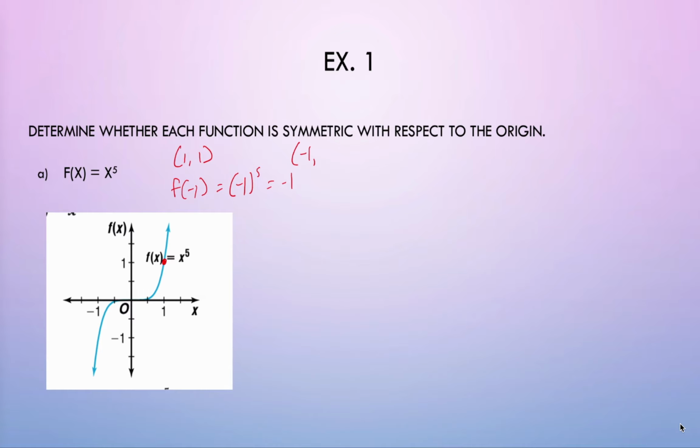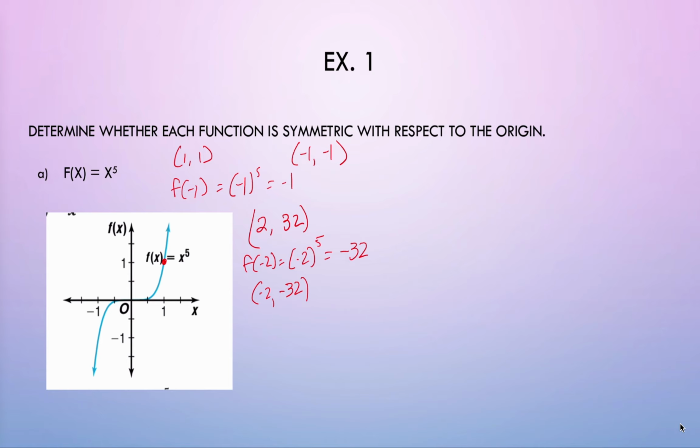So (-1, -1) is also on the function. The point (2, 32) is on the function. F of -2 is going to be -2 to the 5th, which is -32. So (-2, -32) is also on the function.